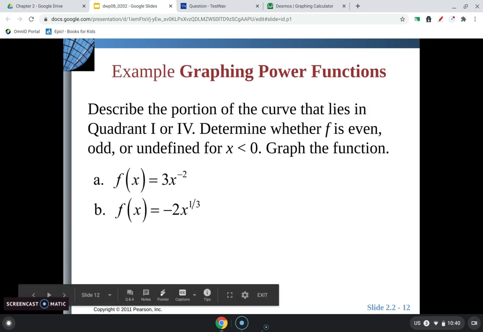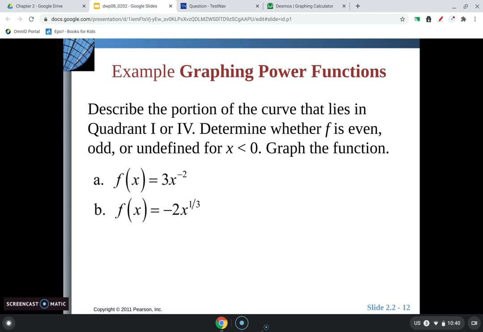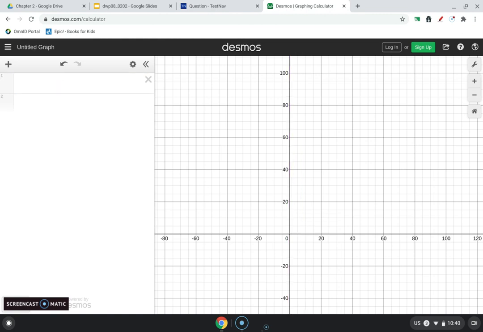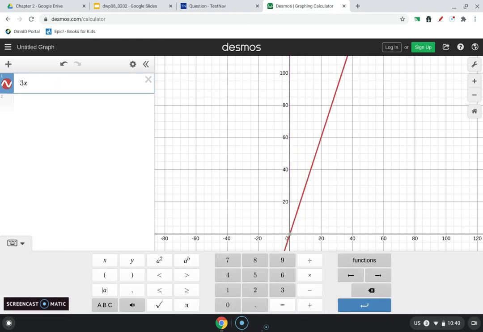All right, describe the portion of the curve that lies in quadrants 1 or 4. Determine whether it is even, odd, or undefined, and then graph. So let's go ahead and go to Desmos and type that in. 3x to the negative 2 power. Boom.